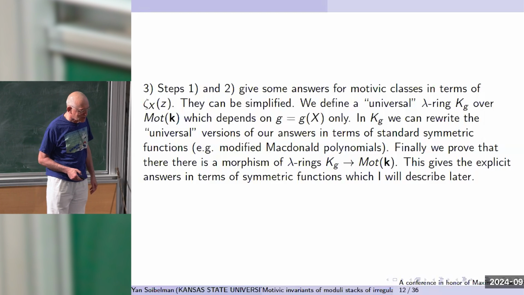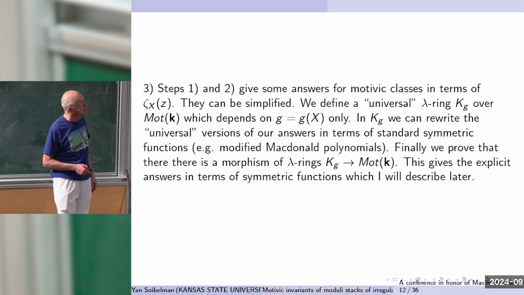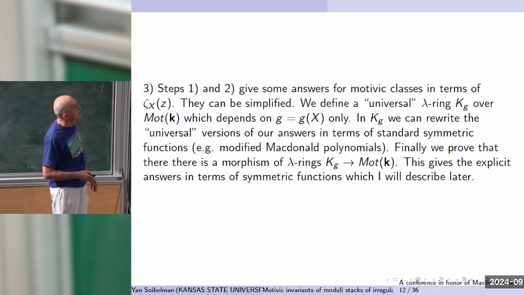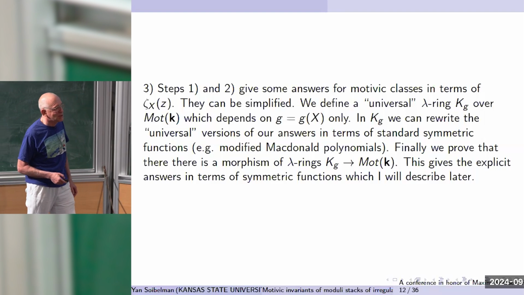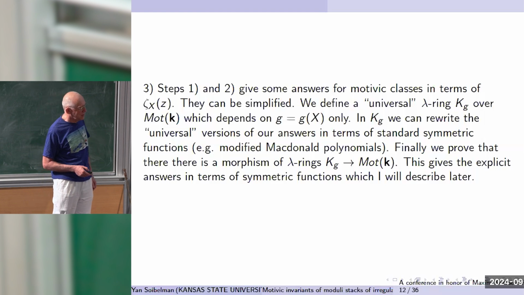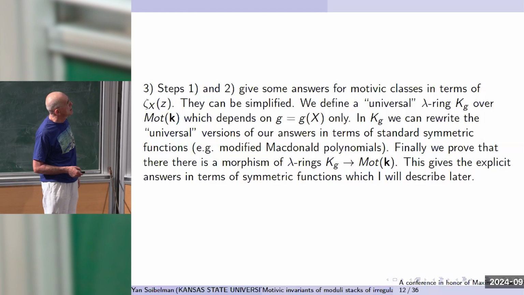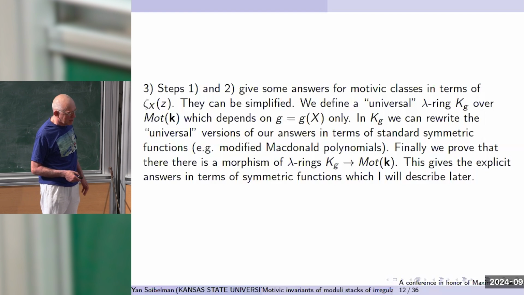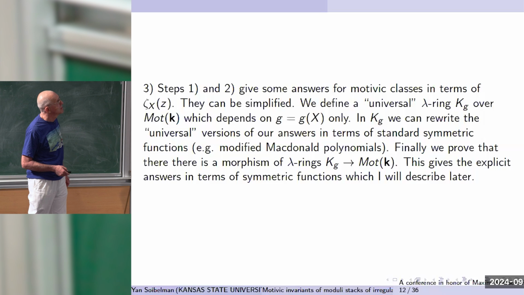And the point is that those answers live in some universal lambda ring, which I denote Kg, and which depend only on the genus of G and not on the global structure of the curve. So in this universal lambda ring, we simplify the answer and represent it in terms of some standard symmetric functions.